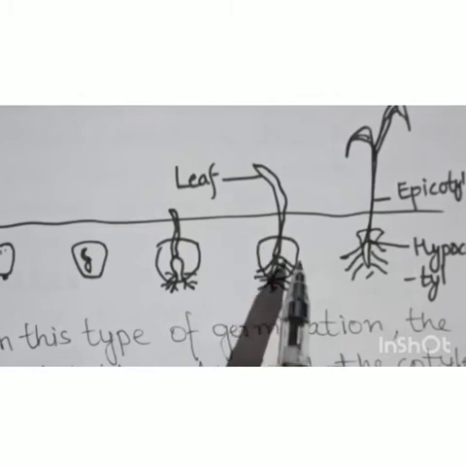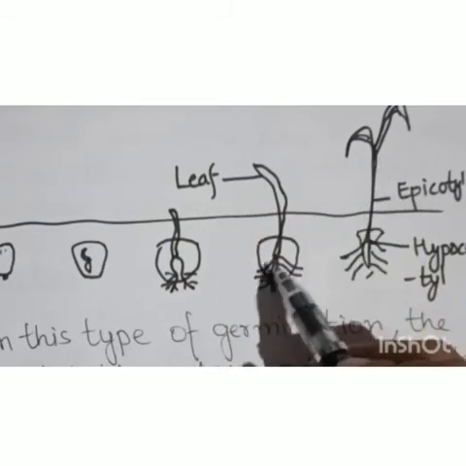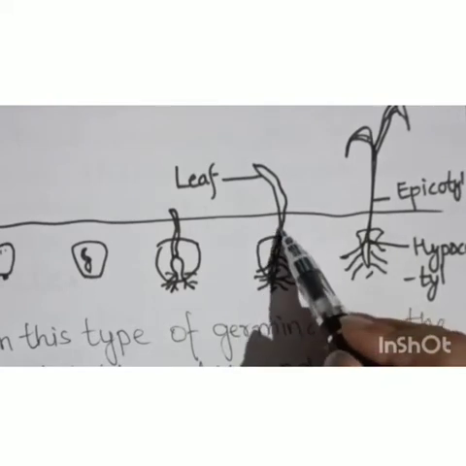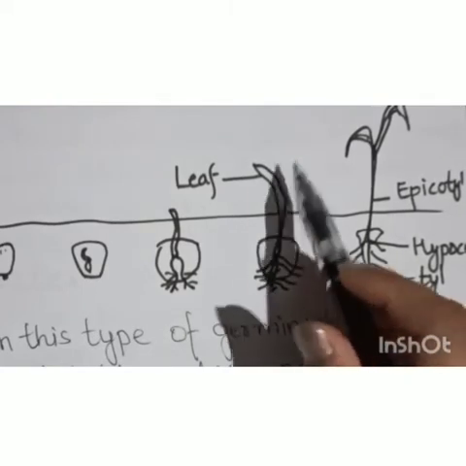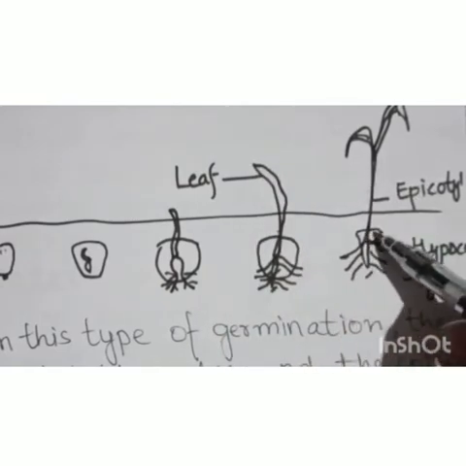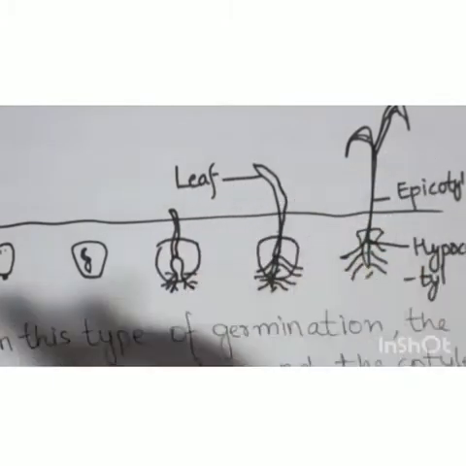Because the hypocotyl is short and it is not growing, so the cotyledons are still inside the soil, but the epicotyl has started growing upwards, and you can see it above the ground. So this type of germination is known as hypogeal germination.